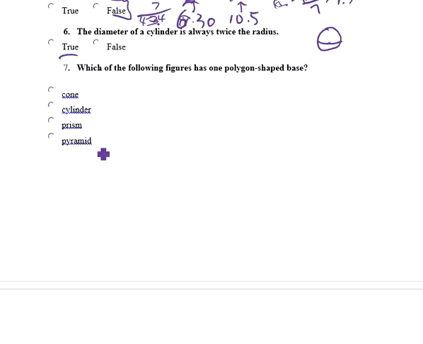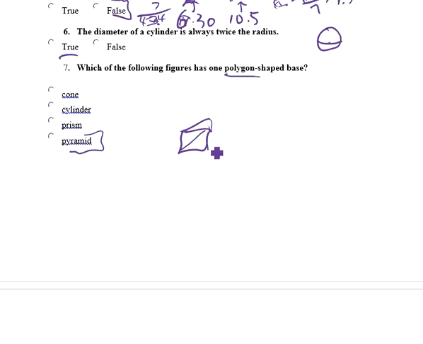A pyramid can have a triangle or a square, or yeah, it can have a polygon. And a prism has two polygon-shaped bases. A pyramid only has one. So that's the difference. A pyramid has one polygon base.